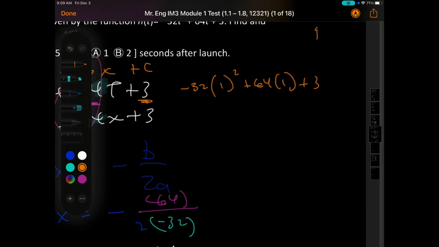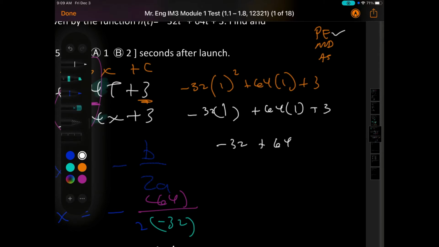Now I'm just going to use PEMDAS to simplify. So exponents first, so that just becomes 1. And negative 32 plus 64 plus 3. Oh, cool, weird.